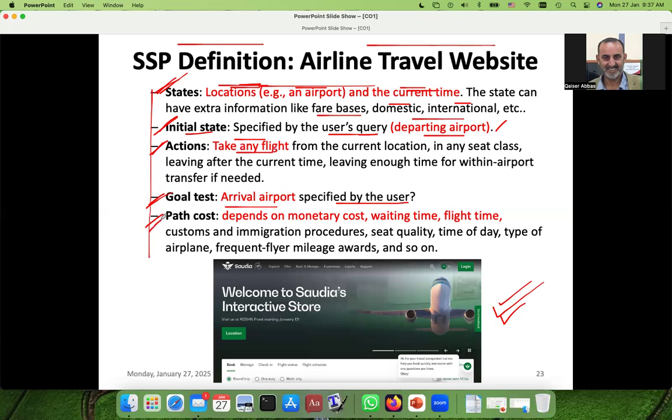Path cost: you are paying from your starting to ending. That is your path cost. It depends on monetary cost. Monetary means the things in which money is involved. Or waiting time, or total flight time. So these could be the things there.